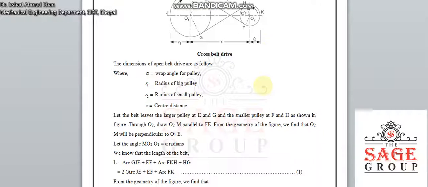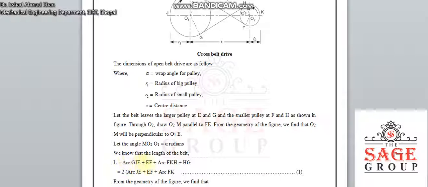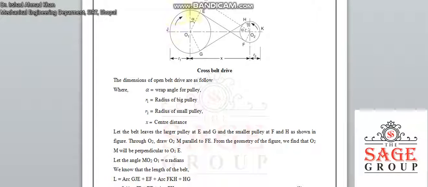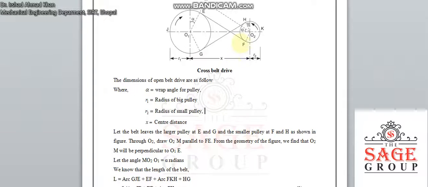So now we have the length of the belt: arc JE plus EF plus arc FKH plus HG, and in other terms, 2 times arc JE plus EF plus arc FK.